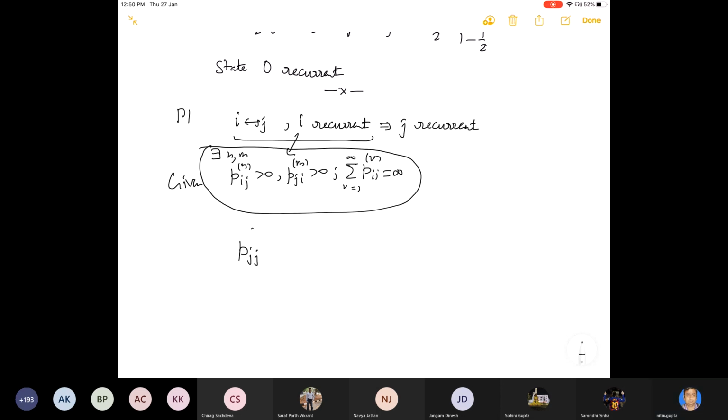So let us take P_jj^(m+n+nu) by the Chapman-Kolmogorov equation. This is at least P_ji^(n) P_ii^(nu) P_ij^(m).